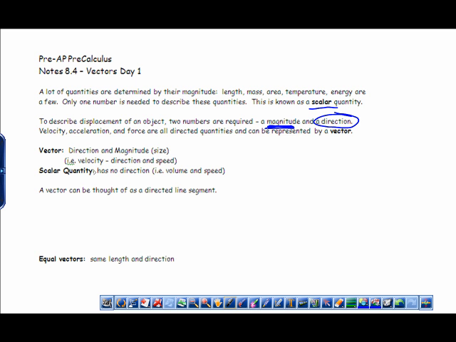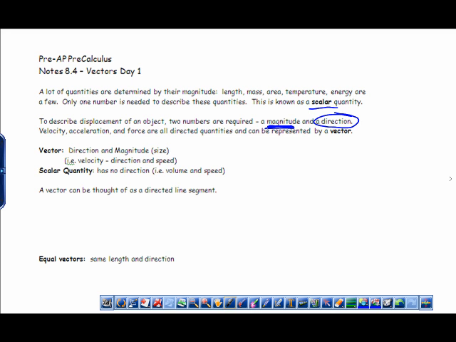Sometimes it's as simple as forwards or backwards, but usually, think about driving in a car, you are going a direction, like north, south, east, west, or southwest so many degrees. That's your direction, and that's as important as your speed if you were trying to predict where a car would be after a certain amount of time. A scalar quantity doesn't have direction, so think about volume, or if you were just talking about speed, that doesn't have direction, so that's the difference.